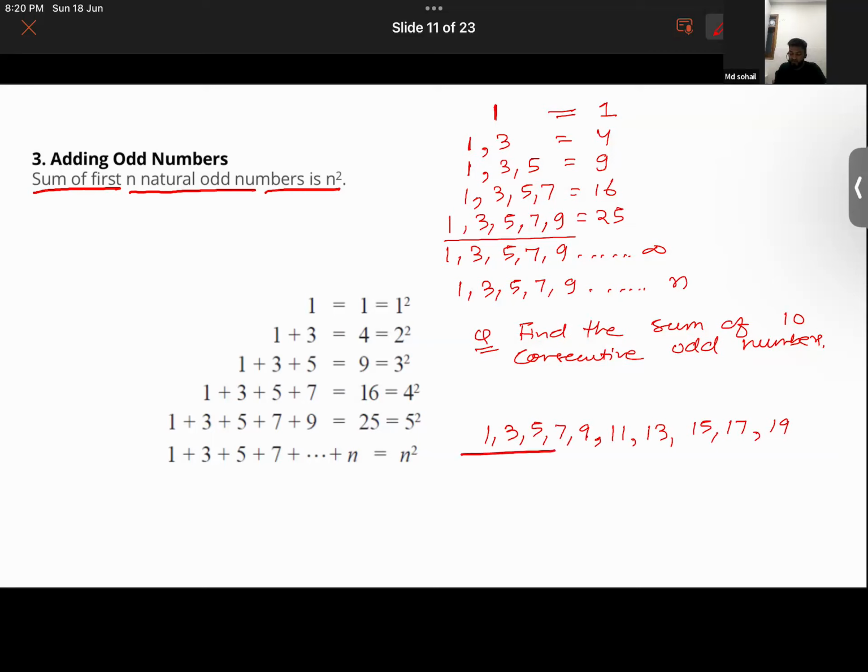Right. So if you guys were to add these numbers, what is the value? Quickly tell me.